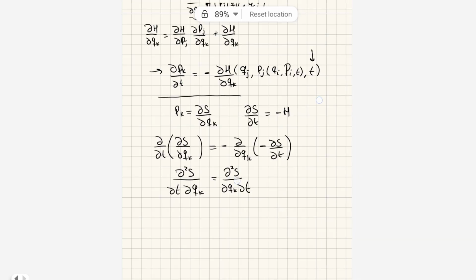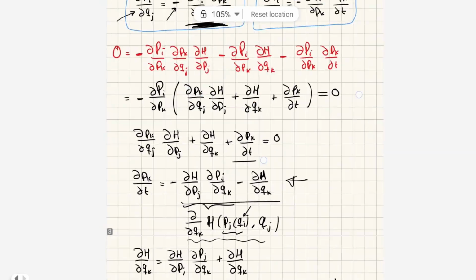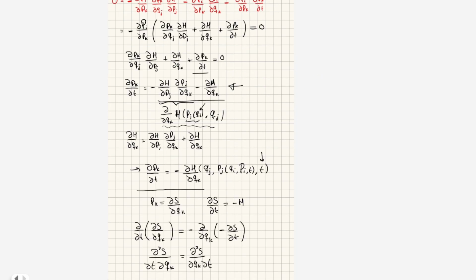I understand that maybe this topic could be a little bit confusing, but we are going to be making examples of this to find that differential, and then this differential is going to tell us what that function s is, the solution for the Hamilton-Jacobi equation, for some examples.